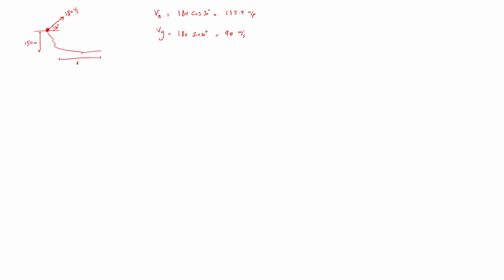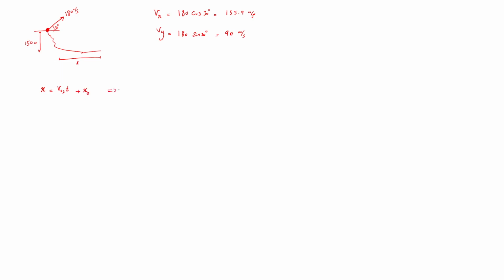Okay, for the first part we have to find the x, so for this reason we are applying the horizontal motion. What is the equation for the horizontal motion? x equals v0 t along the x direction plus initial position.